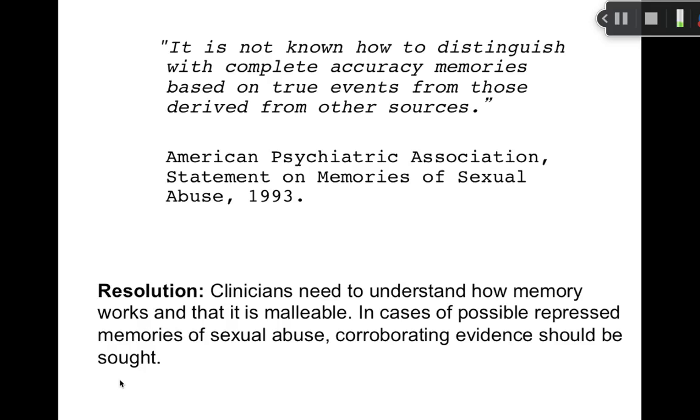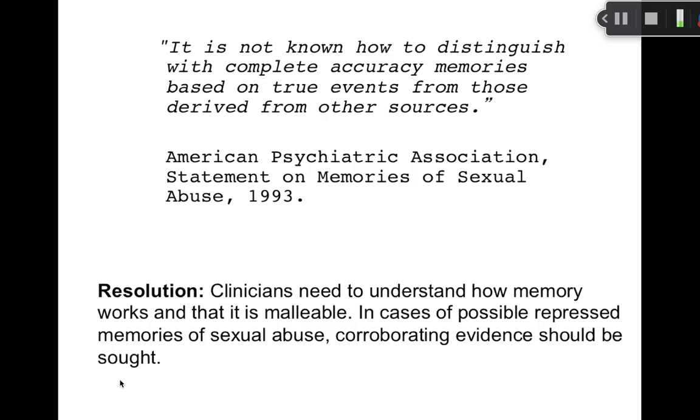So here was a statement that was made by the APA, American Psychiatric Association, back in the early 90s. It is not known how to distinguish with complete accuracy memories based on true events from those derived from other sources.